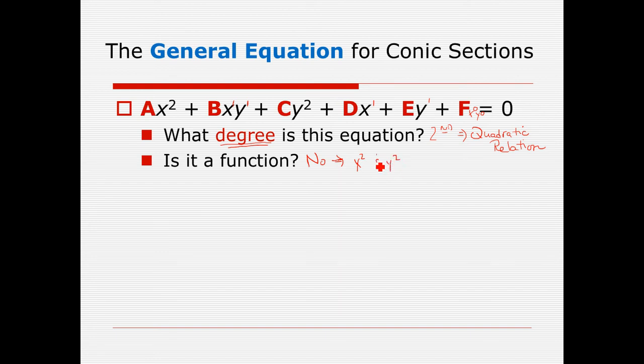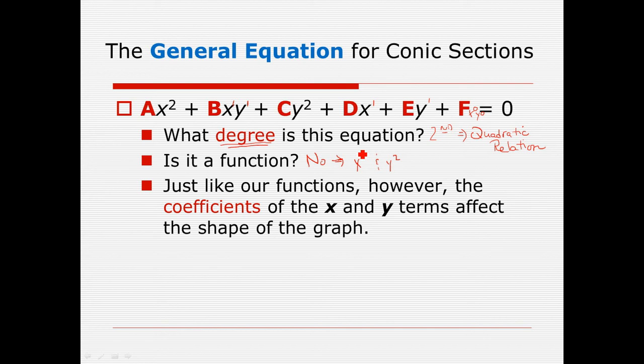If you have x squared and y squared, you do not have a function, because your y squared term means that for a domain you're going to have two range values. Can't have that. So as long as your general equation for conic section has both the x squared and y squared term there, in other words their coefficients aren't 0, you don't have a function. If A, B, and C were 0, you would have a linear function. Yes. But assuming that the coefficients aren't 0, no, you don't have a function.